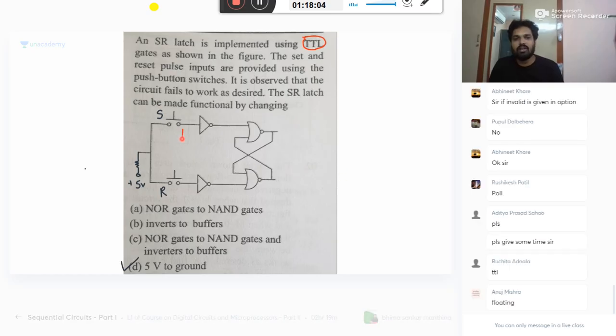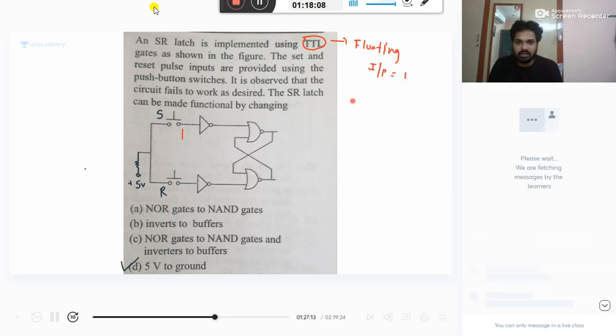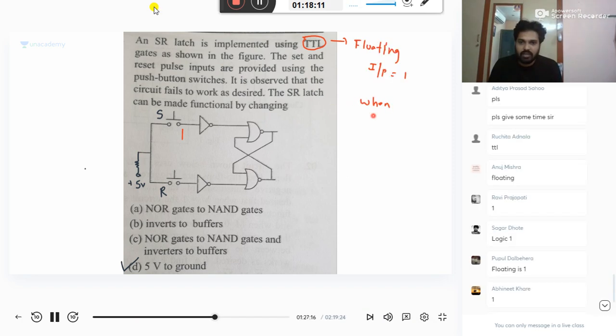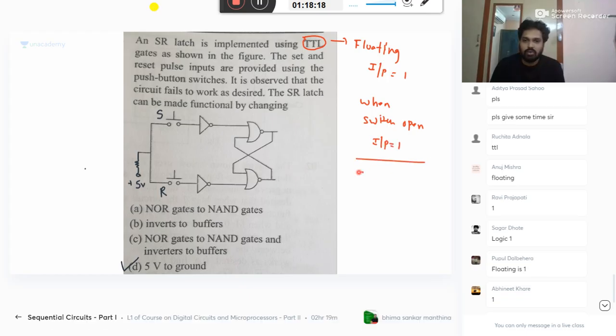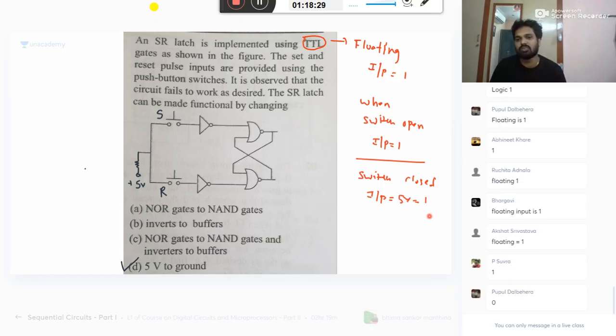For TTL, floating input, we have discussed here, when the switch is closed, then the input is equal to 5 volts, which is again 1. So whether you close the switch or open the switch, these two lines are fixed to logic 1. That is the problem here.